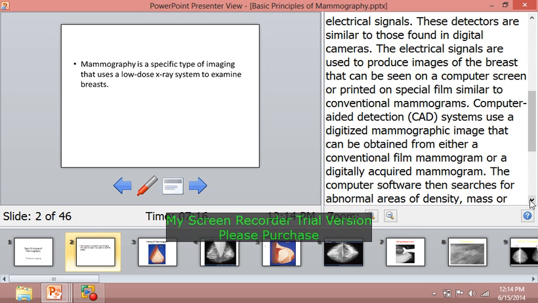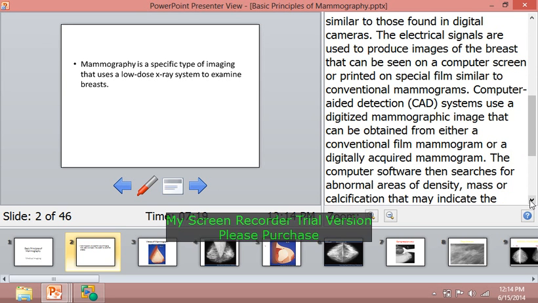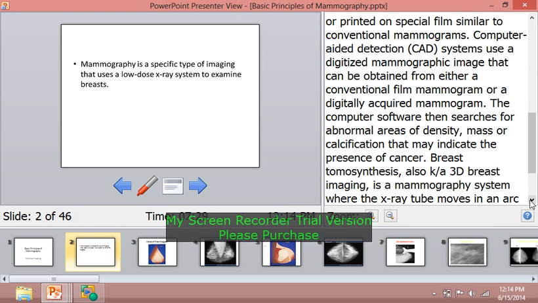The computer aided detection, CAD, uses a digitized mammographic image that can be obtained from either conventional film mammography or a digitally acquired mammogram. The computer software then searches for abnormal areas of density, masses, and calcifications that may indicate the presence of cancer and breast pathology.